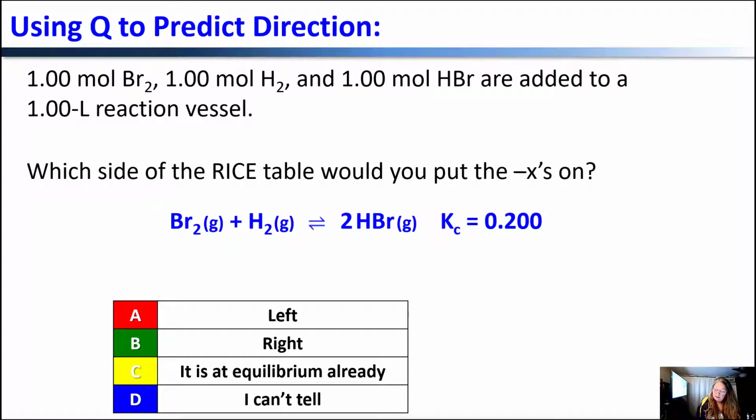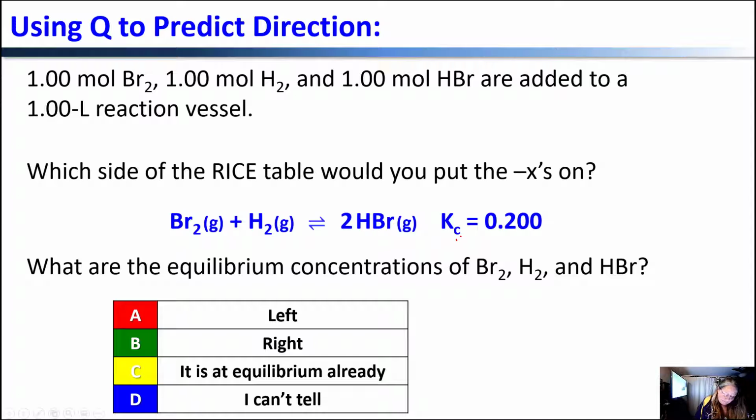Okay, so let's take a look. I have Kc equals, let's see, I have 1 mole of everything, right? 1 mole of HBr, 1 mole of this, and 1 mole of this. So let's just write our Kc equation.